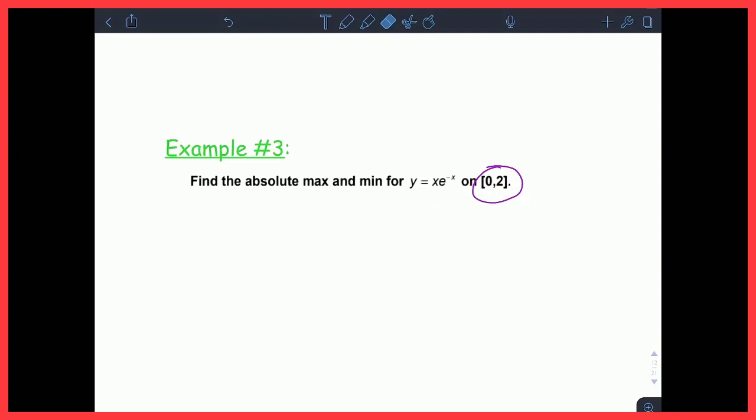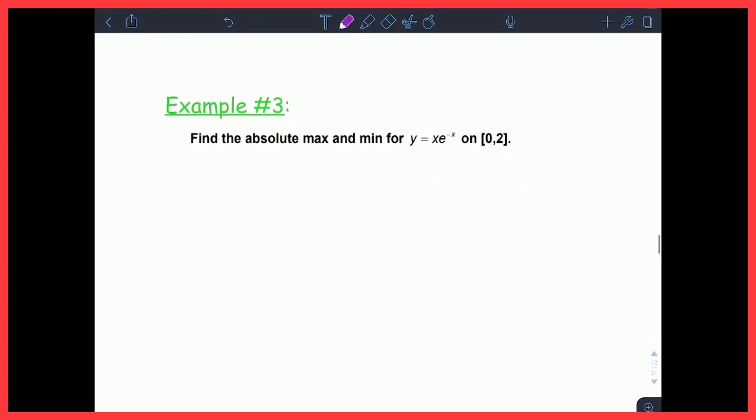In order to do that, we need to understand one very important thing, that absolute extrema, I'm actually going to just rewrite that.